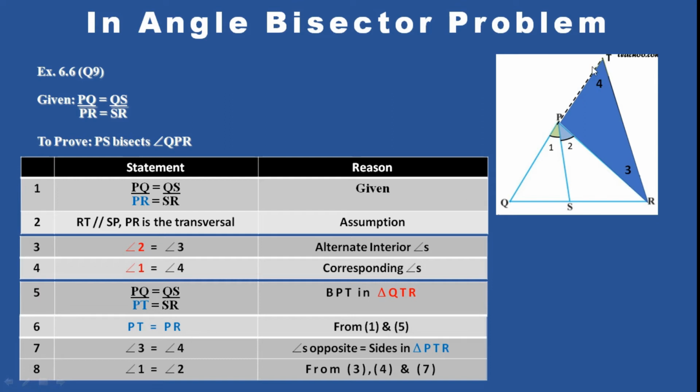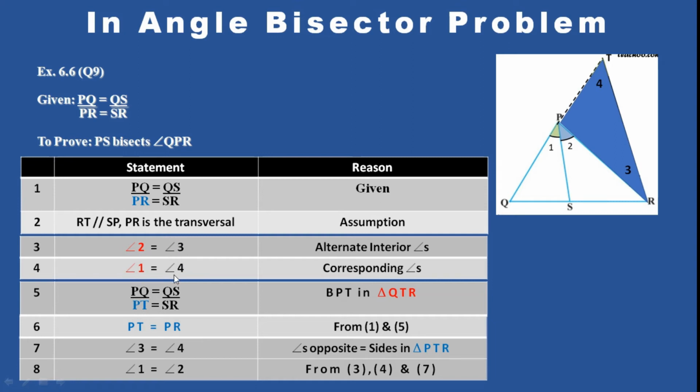Now let us identify PT and PR as the two sides of this blue shaded triangle. If PT is equal to PR, which we have proved here, therefore angle 3 is equal to angle 4, angles opposite equal sides in triangle PTR. But it was already given to us that 3 and 4 were respectively equal to 2 and 1.